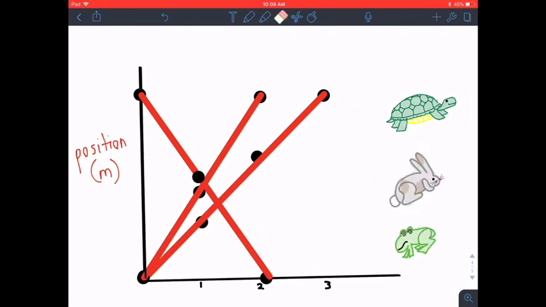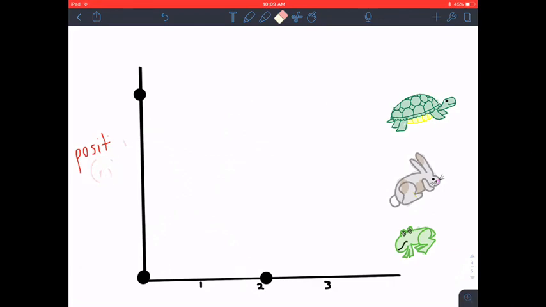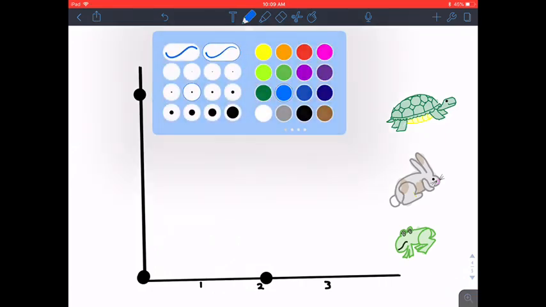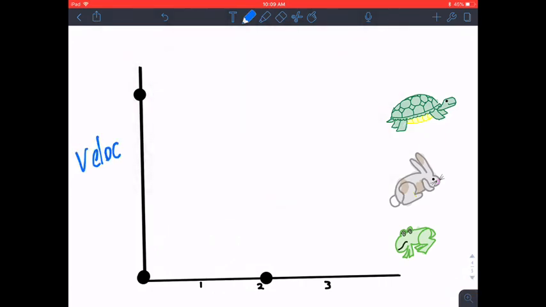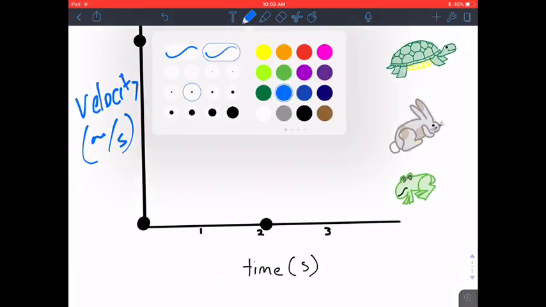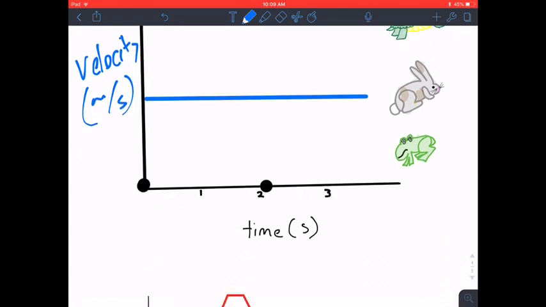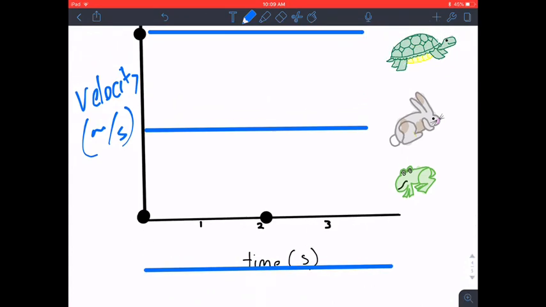Okay? You're not going to be able to do this step on yours because I wrote it out wrong. But if we were to change this, just as an example, and think about it as velocity, then we would have a line up here, another line here, and a line down here underneath the x-axis.